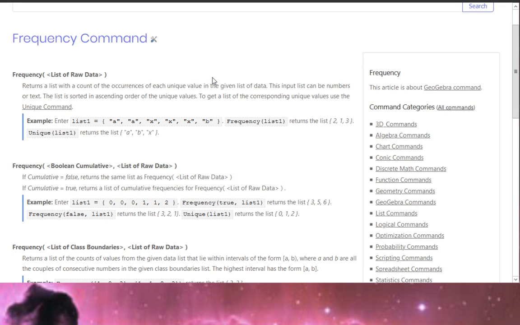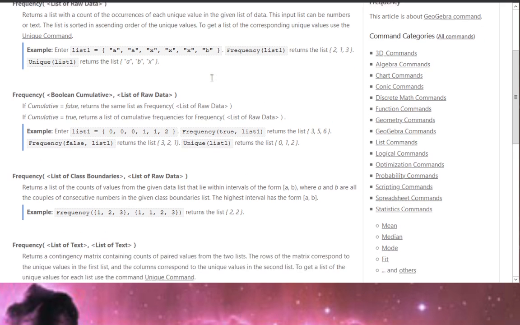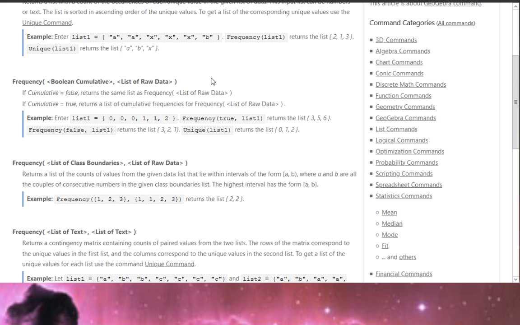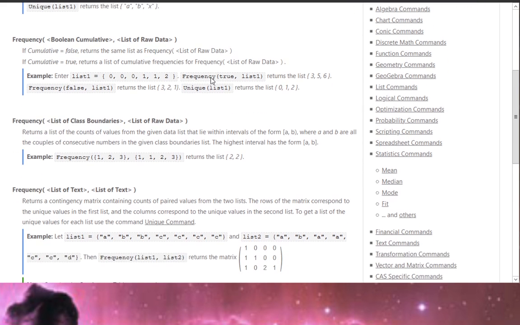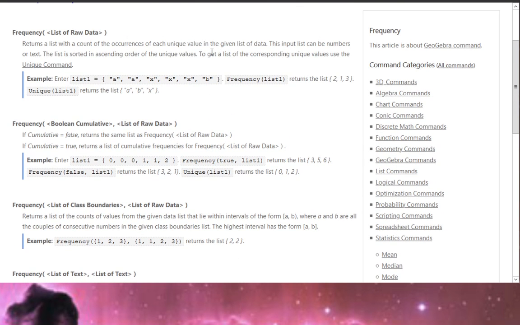List, frequency, list, list. List of boundaries, list of raw data. List 1.